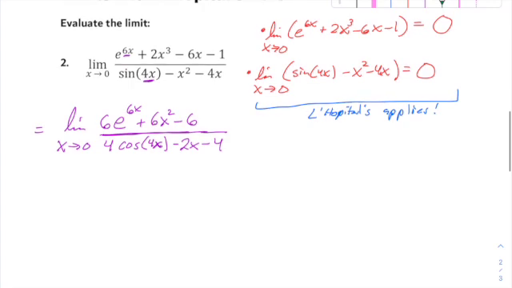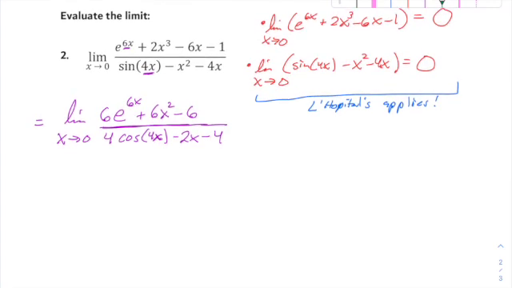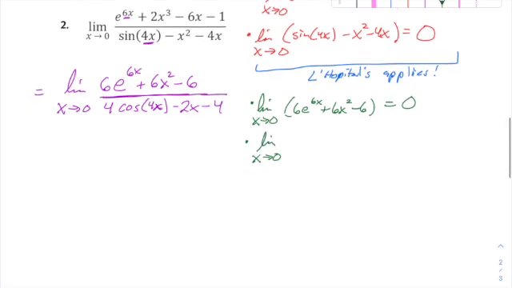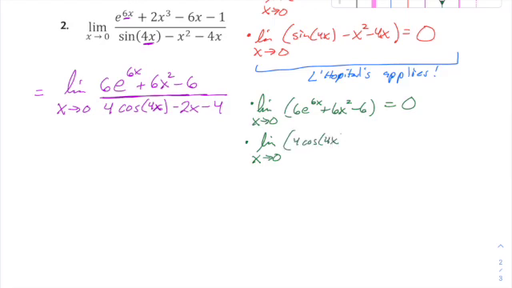But again, before you do it, you got to say it. So let's just show the limit as x approaches 0 of 6e to the 6x plus 6x squared minus 6 is equal to 0. And the limit of the denominator as x approaches 0, 4 cosine of 4x minus 2x minus 4, is also equal to 0, and that just shows L'Hopital's applies again.